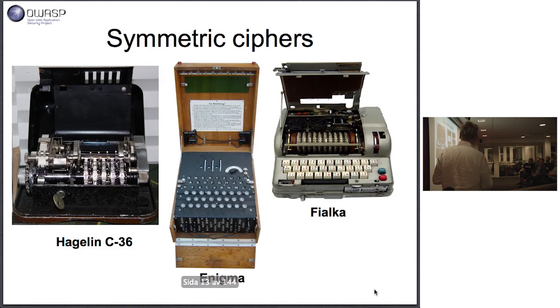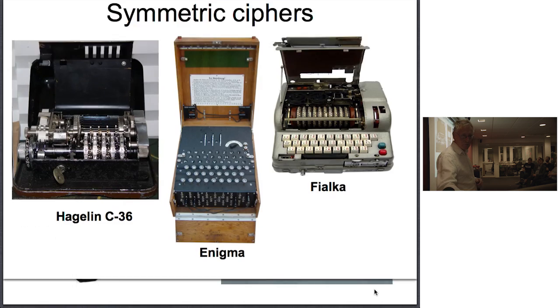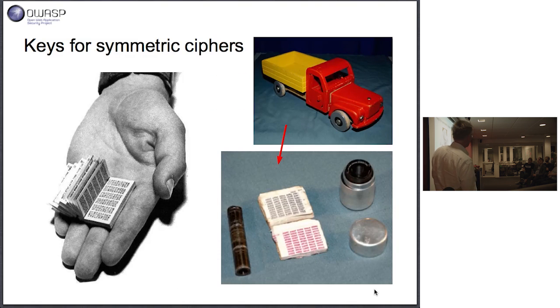In the early 1900s, you started getting these electromechanical machines. And these are typical symmetric cipher machines that all need to have a key sent over. If you have an agent in the field, he has to have a key so he can encrypt the message, or you need to have a key so you can decrypt it. So then you end up with things like code books.